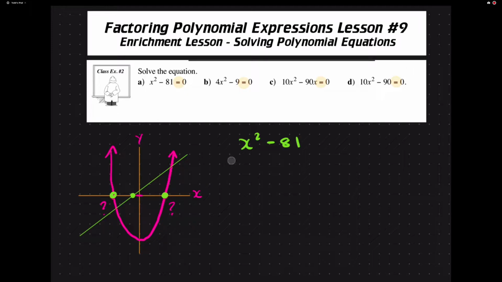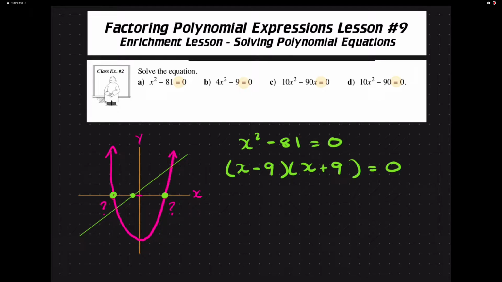So we're going to have x minus and plus 9 and 9. What we end up with is x minus 9 times x plus 9 equals 0.